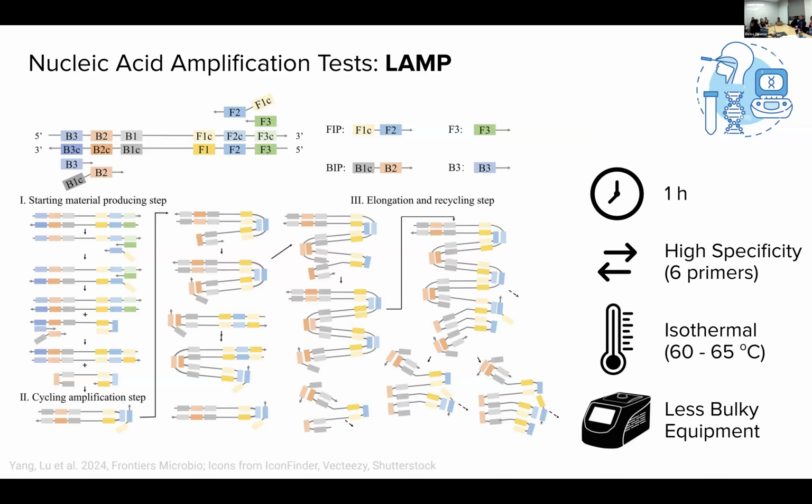You can run it in a water bath, and later on, the test that we're developing is run just in a cup of hot water. So there are many ways to innovate around the equipment, because you now only need to maintain 1 temperature rather than cycle through 30 to 50 cycles through 3 different temperatures, which requires a lot more precision.